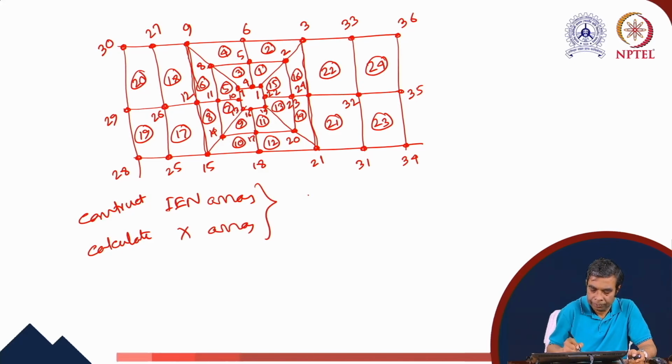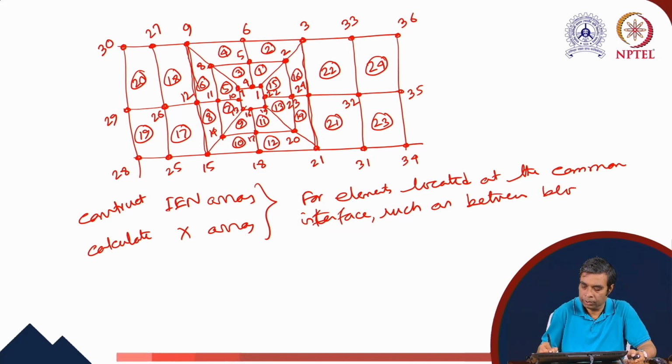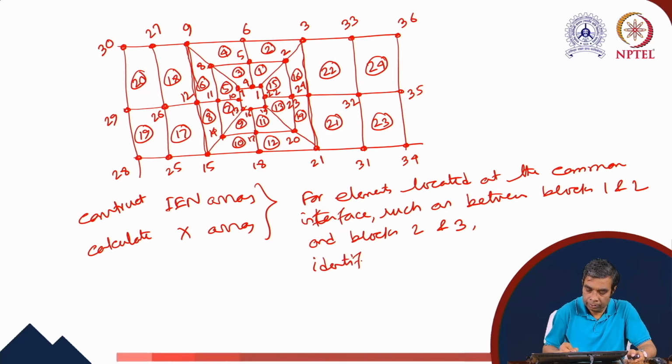Once it is done, for elements located at the common interface, such as between blocks 1 and 2 and blocks 2 and 3, identify the common nodes so that a global node is uniquely defined.